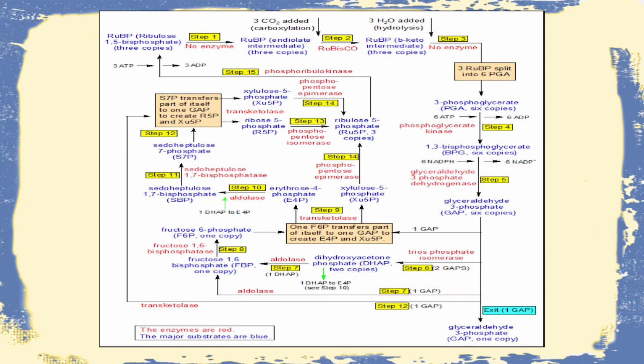This xylulose 5-phosphate will ultimately regenerate RuBP, and this process is regeneration, whereas ribose 5-phosphate will also combine to regenerate RuBP. At the same time, there will be phosphoribulokinase, which ultimately will regenerate one molecule of ribulose 1,5-bisphosphate that will re-synthesize or reproduce this entire Calvin cycle.